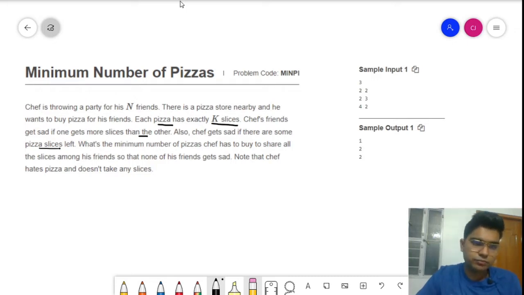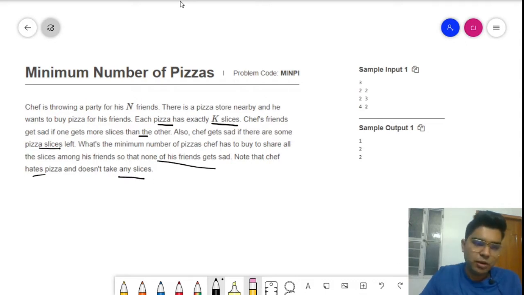That's the behavior of every human being: if we don't get anything, we become sad. Now, focusing on the question: what's the minimum number of pizzas Chef has to buy to share all the slices among his friends so that none of his friends get sad? Note that Chef hates pizza and doesn't take any slices.